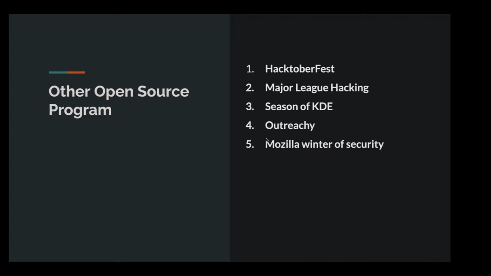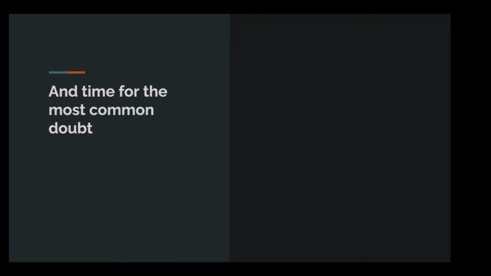Outreachy, Mozilla Winter of Security, and many more open source programs that you can explore and apply for. I think P Club also has a Summer of Code or Winter of Code. There also you will get learning. First of all, you have to learn something, then you can apply anywhere.